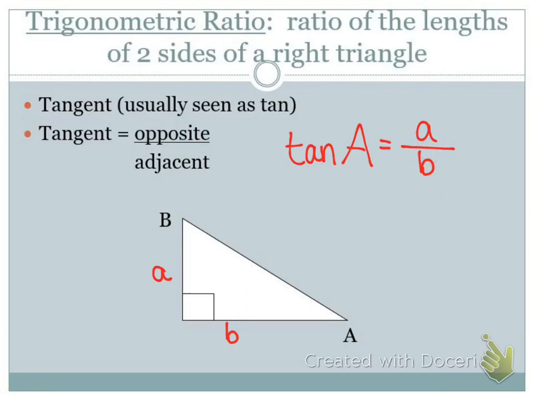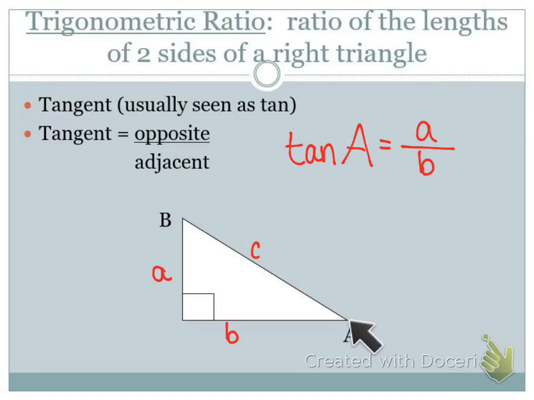Now normally when we see right triangles, we have a side labeled A, a side labeled B. What do we usually label the other side in a right triangle? C. Okay, we usually label it C. You can do that here. What's important to notice is that when we are setting up tangent, what's another name for side C?